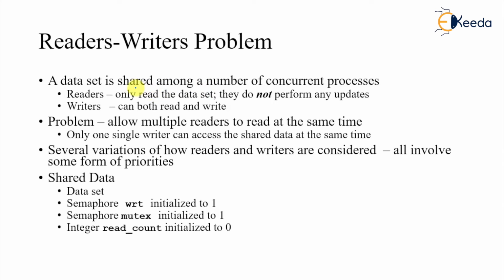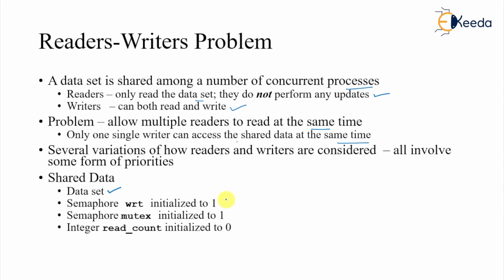So here is a summary of what we have learned. Data is shared among a number of concurrent processes. A reader only reads the data set and does not perform any update. Writers can do both. The problem is to allow multiple readers to read at the same time, but only a single writer to access the shared data at a time. Shared data is the data set, the file.